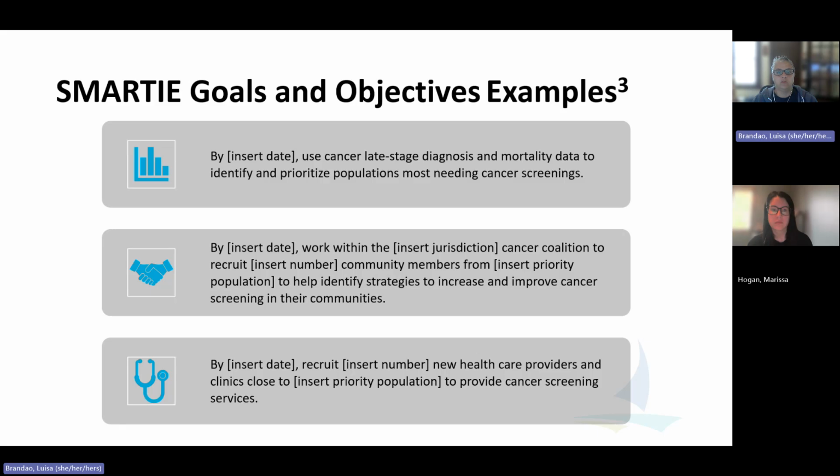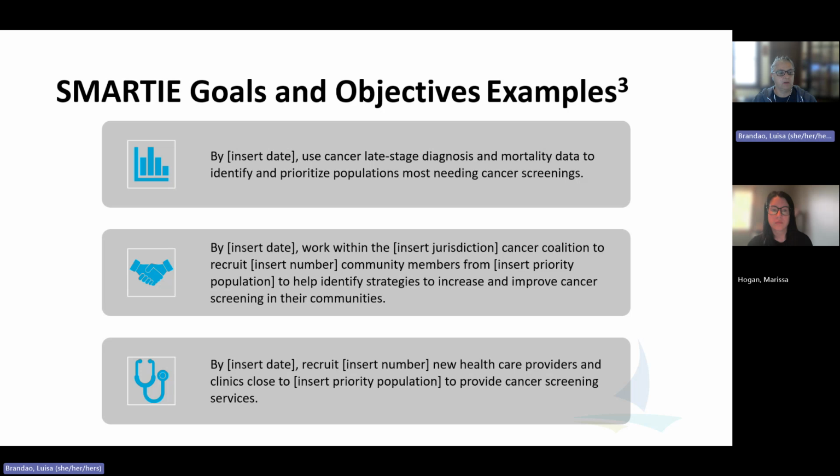You're trying to use data to identify and prioritize populations, so you have a specific outcome that you're trying to get at. And you can see that again here, you're inserting a date and a jurisdiction, so you're making it specific. Here's your measurable: the number of community members, what priority population, etc.